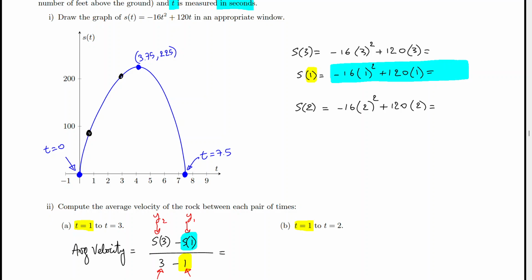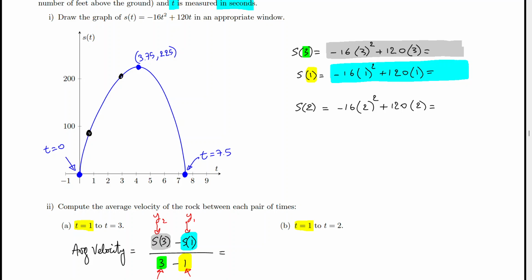That's what we place on the numerator. And we're going to do this twice. The other number we're plugging in is 3. When we plug it in, there's going to be some value that comes out. We're going to call that s of 3 in this case, and that will be placed on the numerator over here.